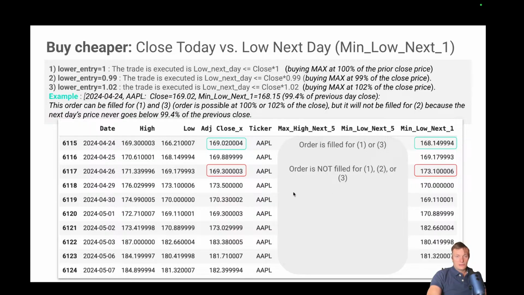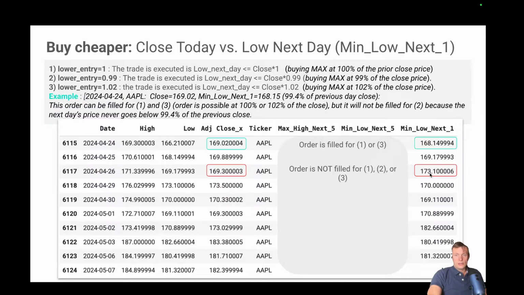And another example, let's assume that you're now making a simulation for the 26th of April. Your close price is 169.3, and you have the same three rules, and none of them will be filled, because the lowest price on the next day is 173, about 2.7% higher than the previous close price.